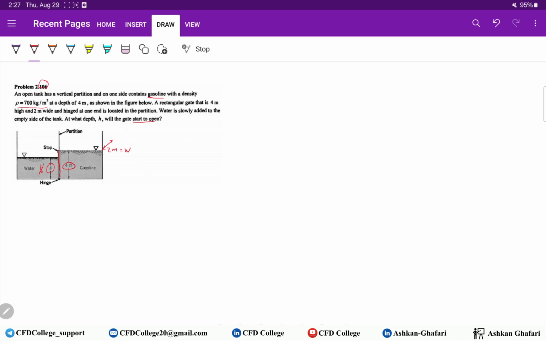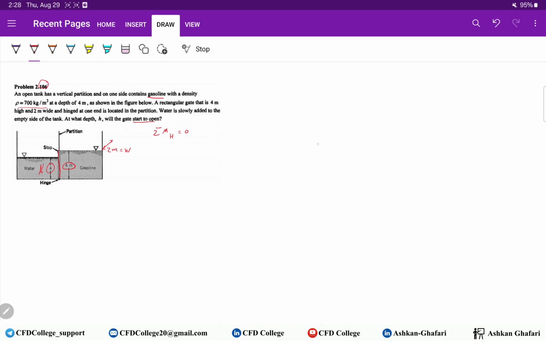So we need to find forces and solve this equation. The summation of moments at this hinge should be 0, because if it's not 0, it starts to open. Okay, so here we have a rectangular gate, and on both sides we have different fluids.